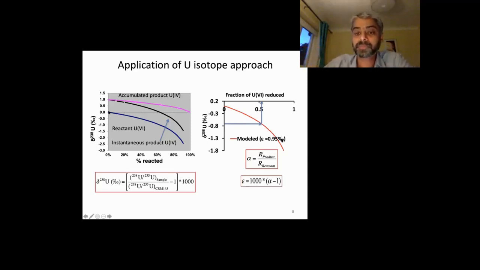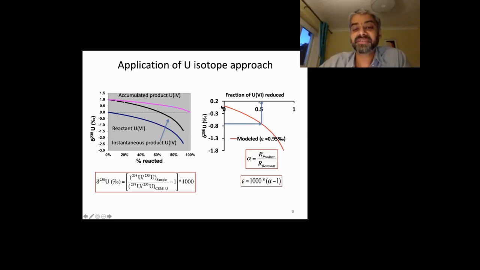So the utility of this is, if you have a semi-closed or closed system, and aquifers, sometimes you can model them as semi-closed systems, then if you get a water sample, you can measure the delta 238 uranium value in that water sample very easily.